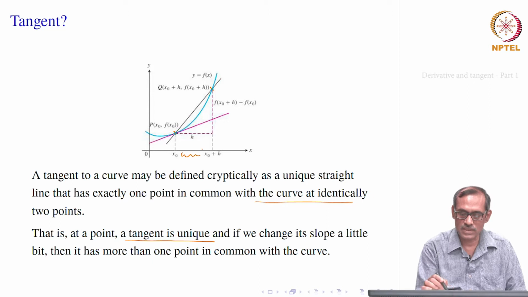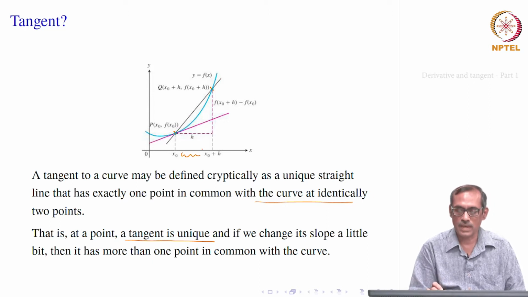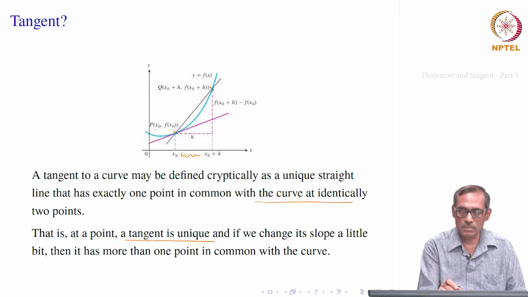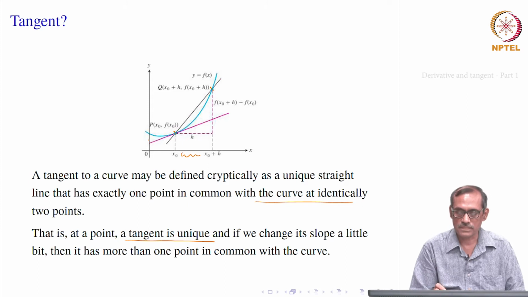So, one is at x0, another is at x0 plus h. Now, we have 2 points P and Q. P has coordinates x0 and f of x0, Q has coordinates x0 plus h and f of x0 plus h. h could be negative, on the other side. So, Q could have been on the left of P.